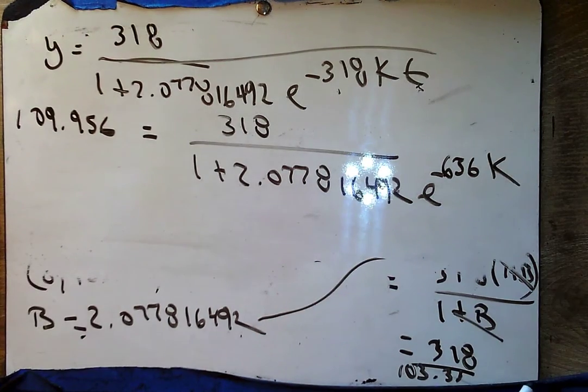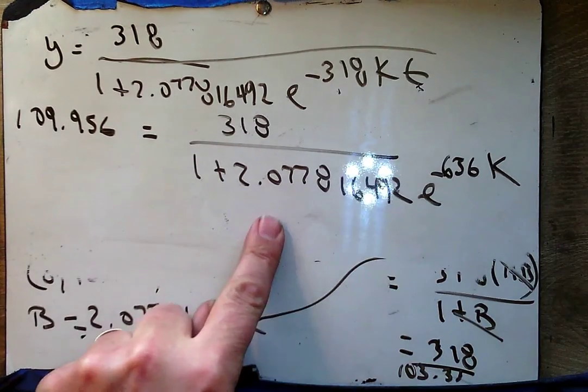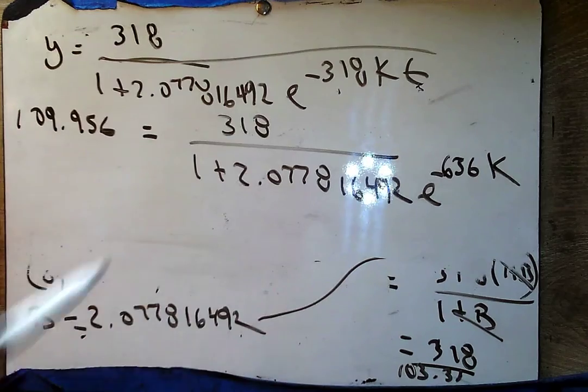Okay. All right. Multiply both sides by this denominator, so it cancels here.